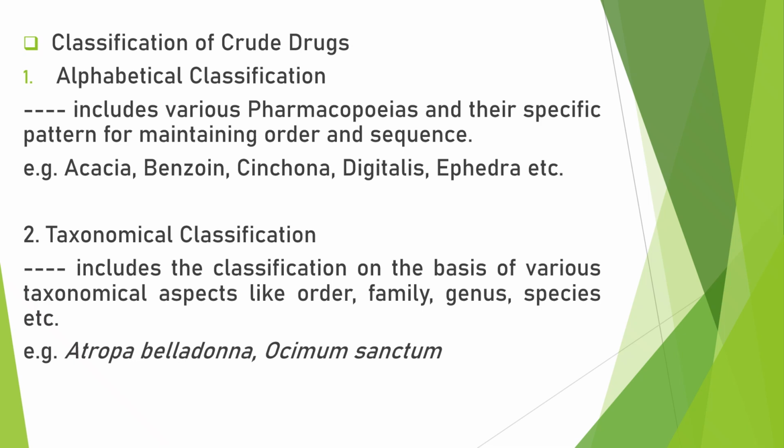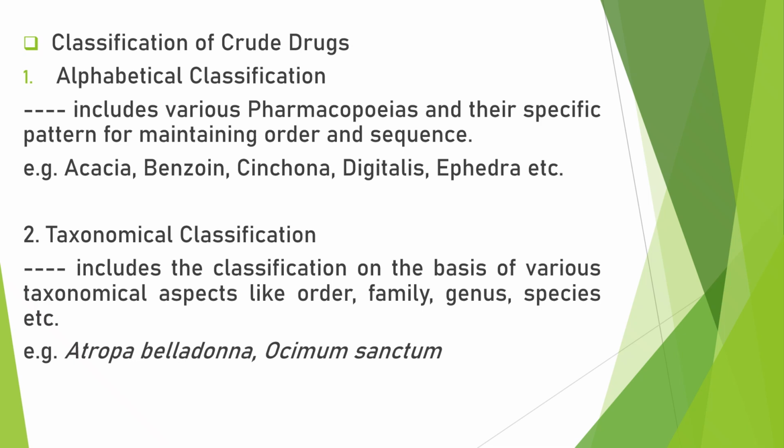But if we try to divide and analyze the entire thing, then for a particular example, I can put Glycyrrhiza glabra, commonly known as liquorice. In that case, Spermatophyta is the phylum for the plant itself. Angiospermae is the division.